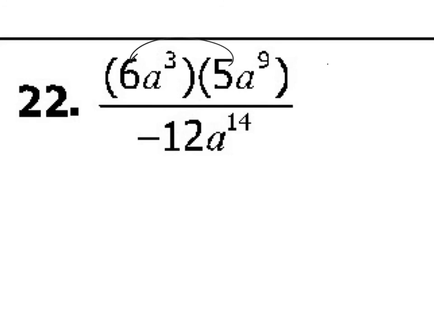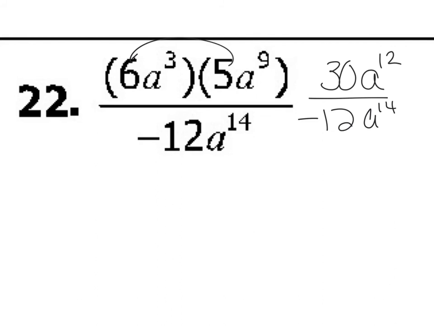So this is going to give me 30 a to the 12th, we're multiplying, so we add our exponents, over negative 12 a to the 14th. Now, this negative is not a negative exponent, it's an integer. Treat it like normal.